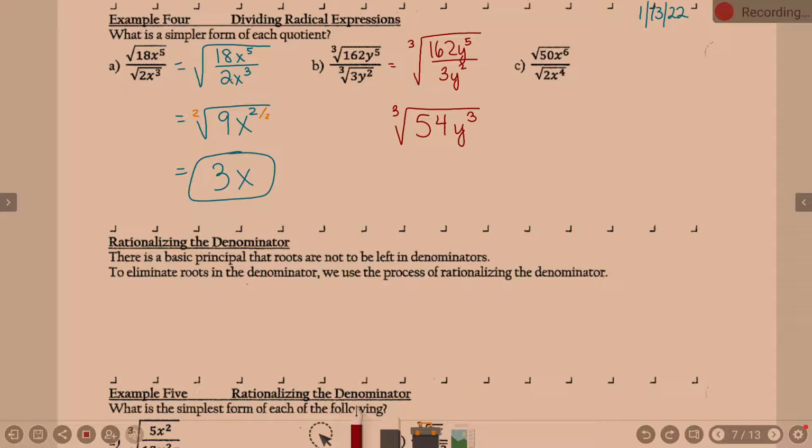So I'm going to go to my middle column on my blue paper. Is 54 in that middle column? No. So there's two numbers that are smaller than 54. Does 54 divide by 27? Yes, it does. 54 divided by 27 is 2. So is there a perfect cube in 54?